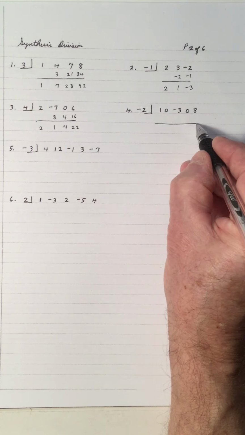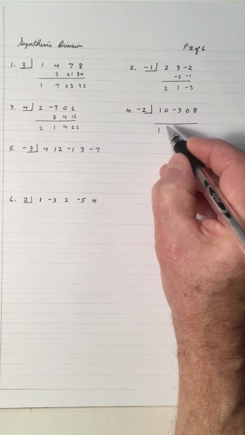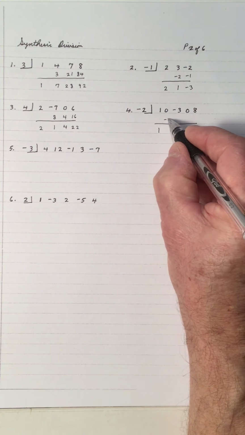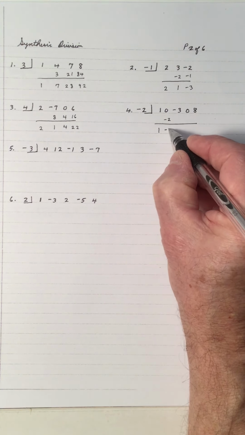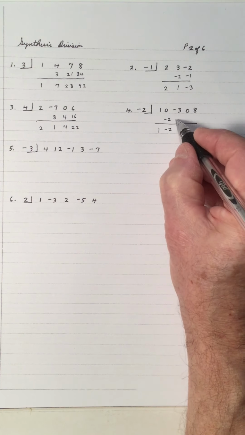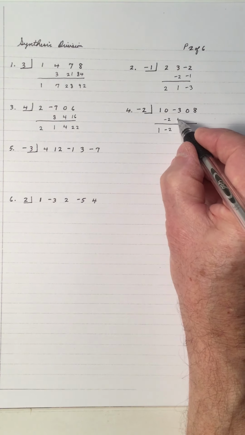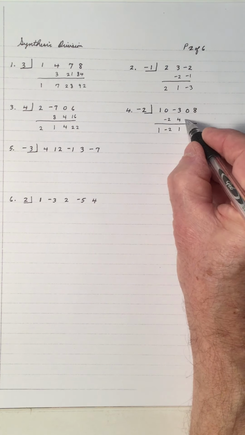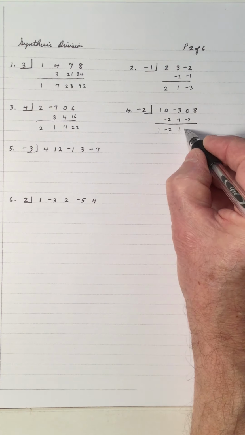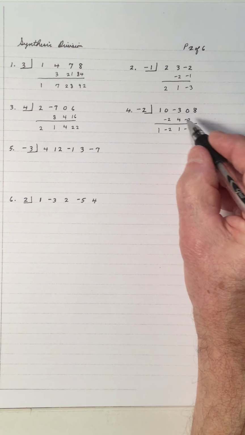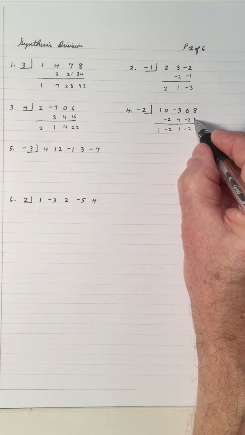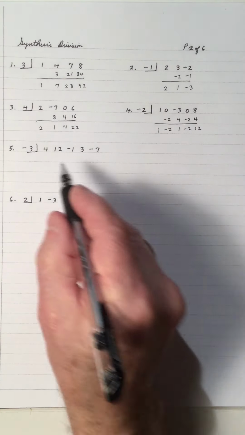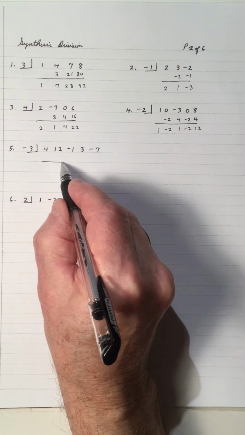Draw a line, bring down the 1, and -2 times 1 is -2, add -2, multiply -2 times -2 is 4, add 1. -2 times 1, -2, add -2. -2 times -2 is 4, add gives you 12. And you can see we have a pattern going.